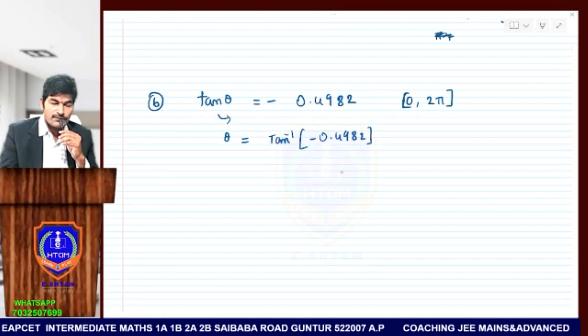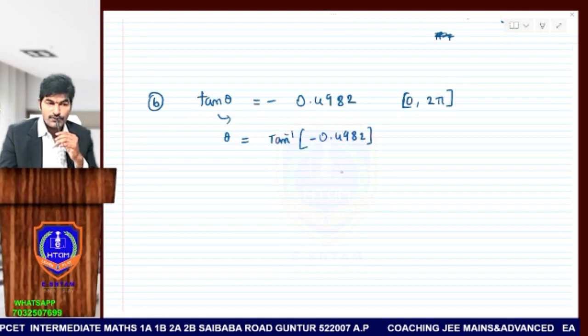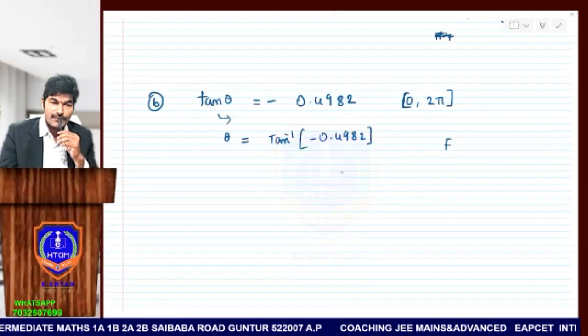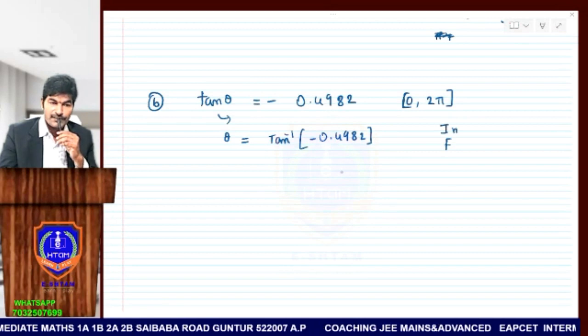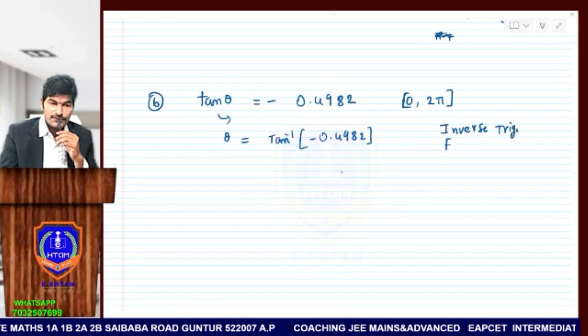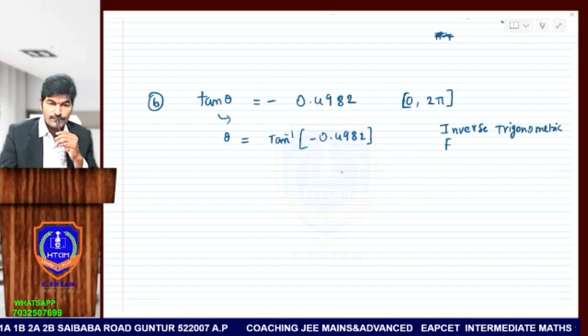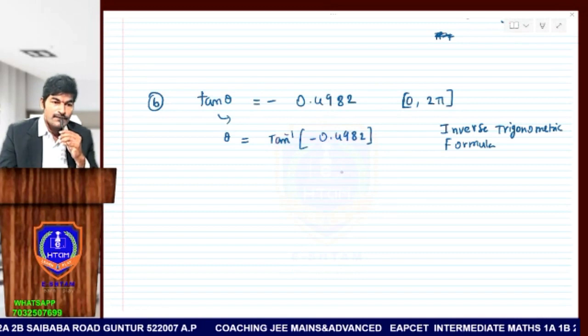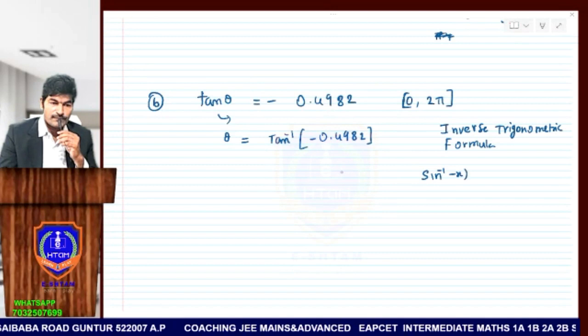So now you have to know some formulas here. Just write down these formulas. These are called inverse trigonometric formulas, because tan inverse is there, so it is called inverse trigonometry formulas. The first case is sine inverse of minus x.